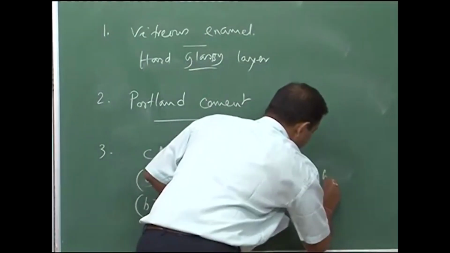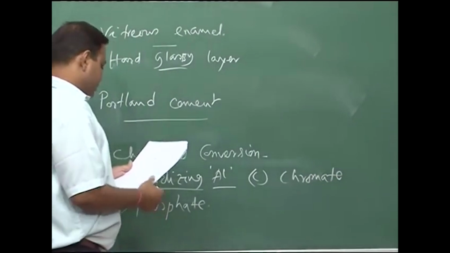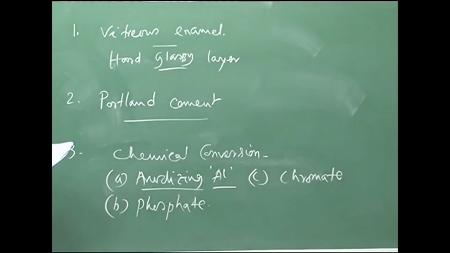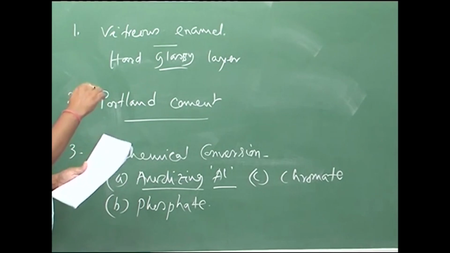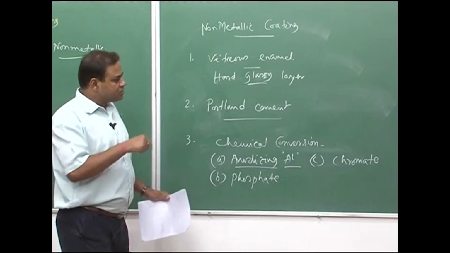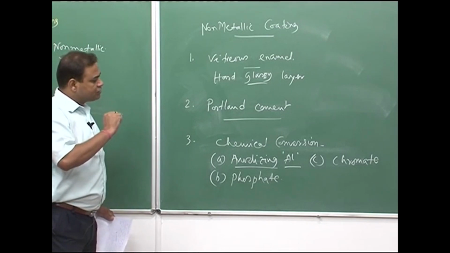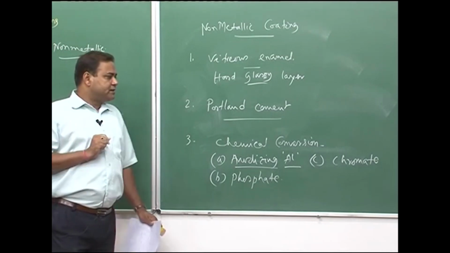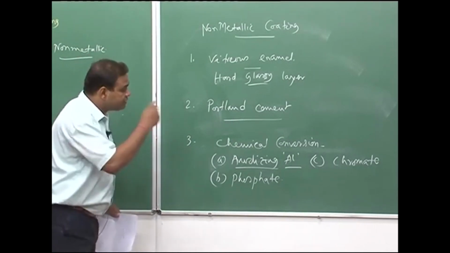Then we can also have chromate coating. Here the metal object, which could be aluminum, zinc, or cadmium, is dipped in a chromate solution or chromic acid solution, and a chromate layer forms on the metal surface and gives protection.